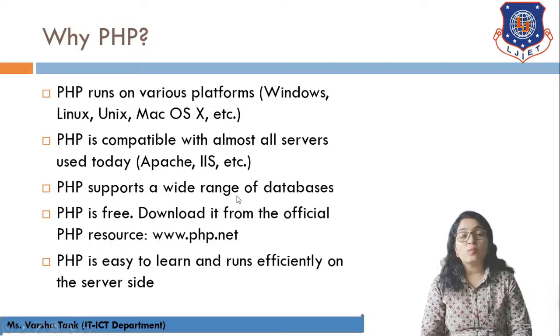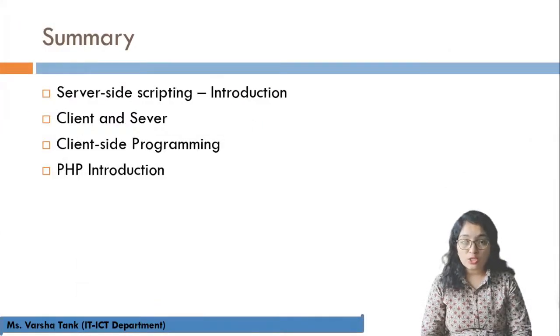PHP supports a wide range of databases, so we can use a number of databases with PHP, and most importantly, PHP is free. You can download it from this site. PHP is easy to learn and runs efficiently on the server side, as it is easy for beginner engineers to learn PHP. So these are the reasons why we use PHP.